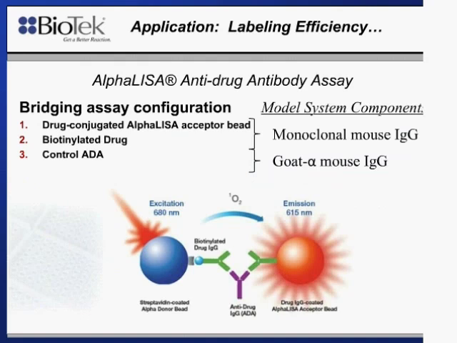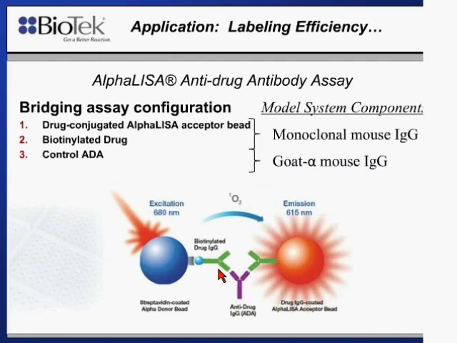What I'd like to point out, though, is in this case, labeling of an antibody. And whenever we do that type of labeling, we need to quantify not only how much product we have at the end of the labeling, but we also need to determine labeling efficiency of that product for use in our downstream application.